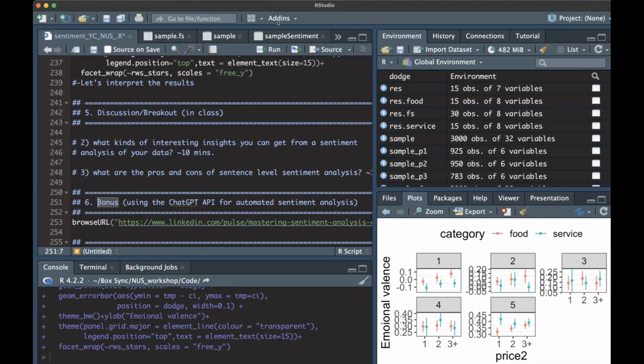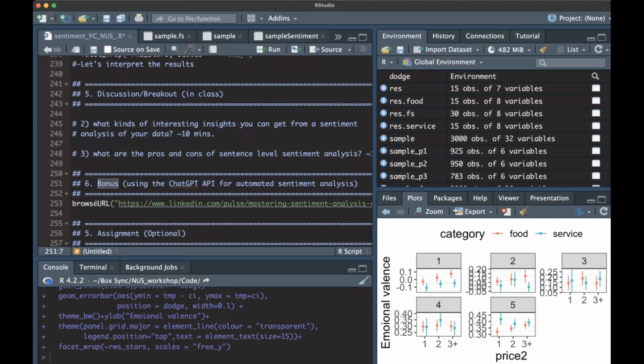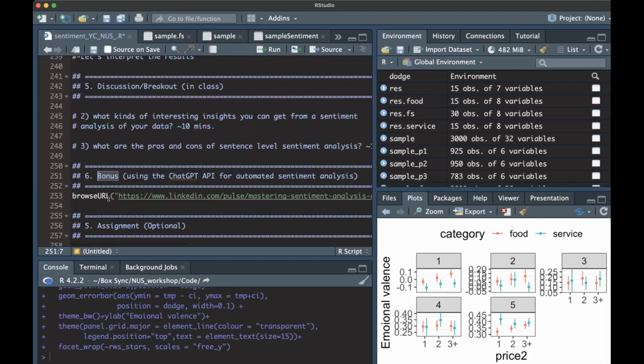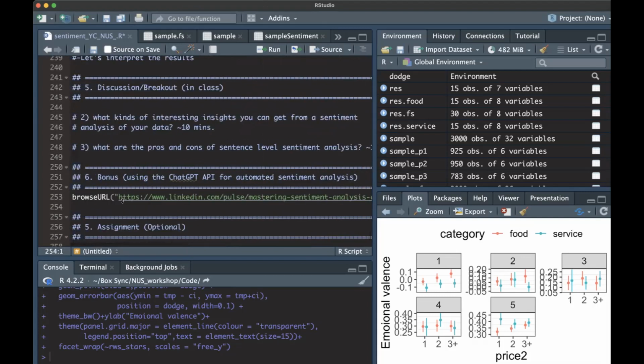In an ongoing project, I'm working on Chinese text that was quite challenging until I found the ChatGPT API. Honestly, after this workshop, you can check this blog article. Basically, you can quickly adapt the code provided by this author to have ChatGPT do all kinds of work.